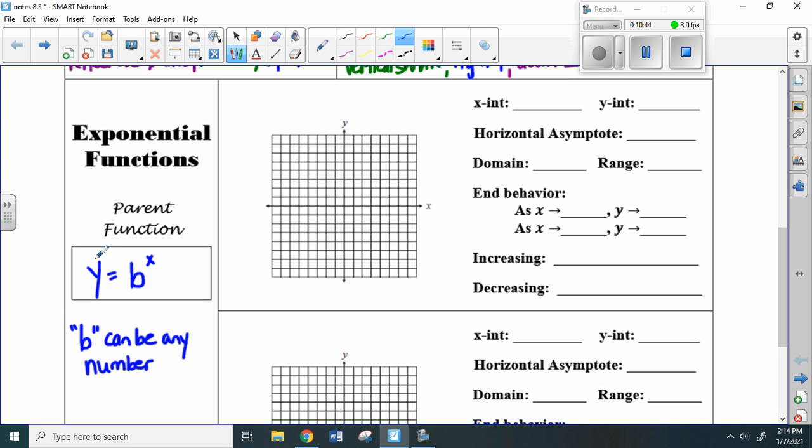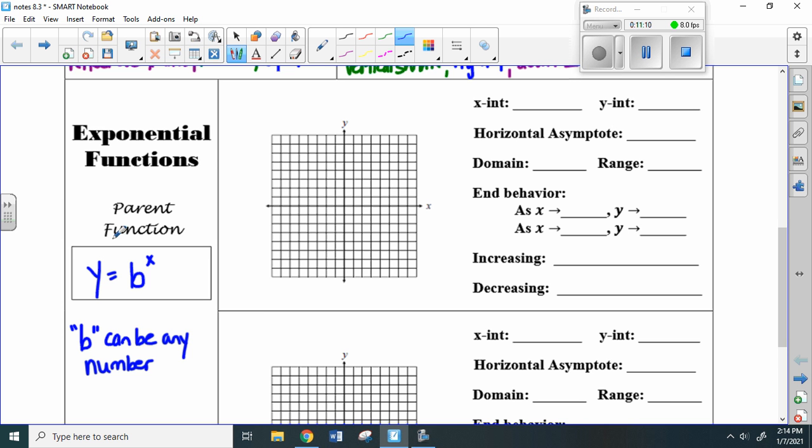If it were negative, then obviously that's a reflection. Now, that does change the graph. It does matter in terms of the graph if b is a number bigger than 1 or a fraction smaller than 1.